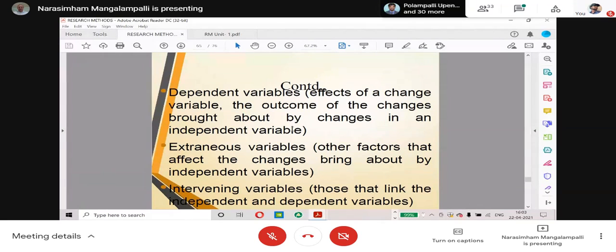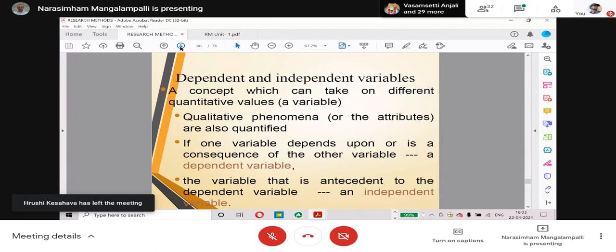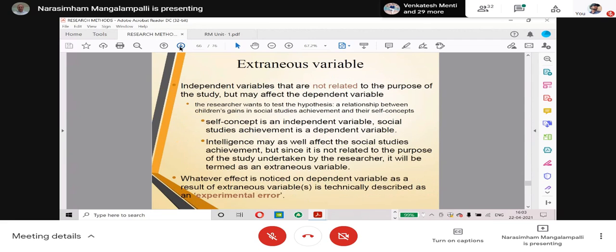Then intervening variables. Intervening variables means there will be some variable which all of a sudden changes its nature and then brings a totally different type of behavior in the dependent variable. So those that link the independent variable and dependent variable. So these are intervening variables. So here I have explained about the independent variables and then the extraneous variables.